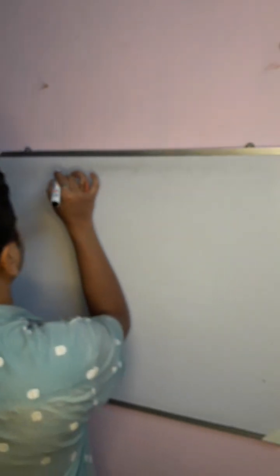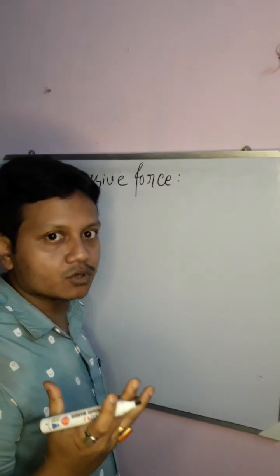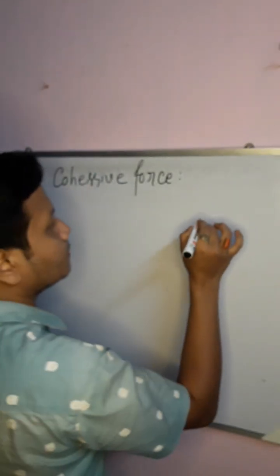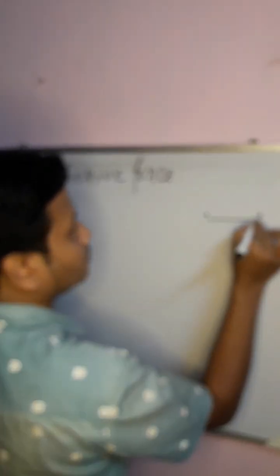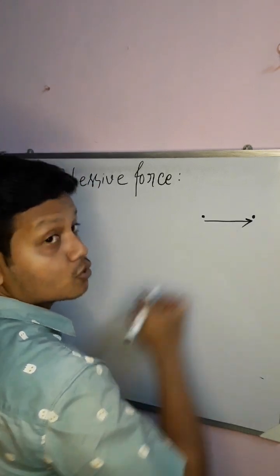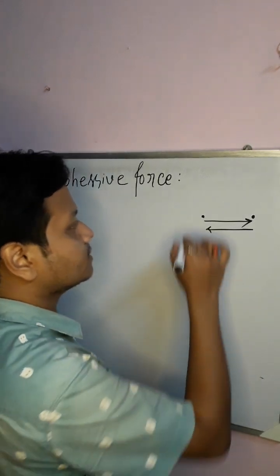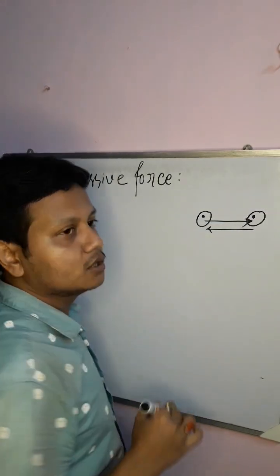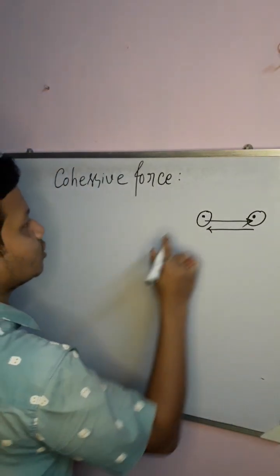Now first of all, what is cohesive force? That is the force between the same type of molecules. Suppose this is one water molecule and this is another water molecule. This molecule gives a force on that one and that molecule also gives a force on this one. So these are the same type of molecule, so the force of attraction between the same type of molecules is cohesive.